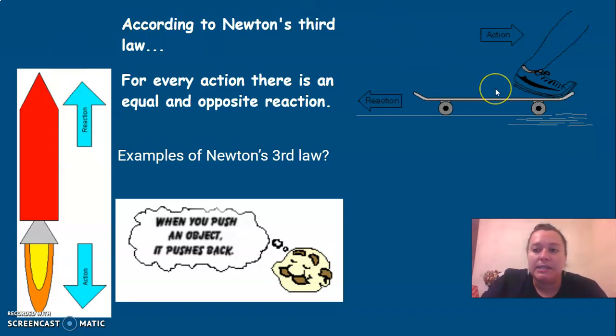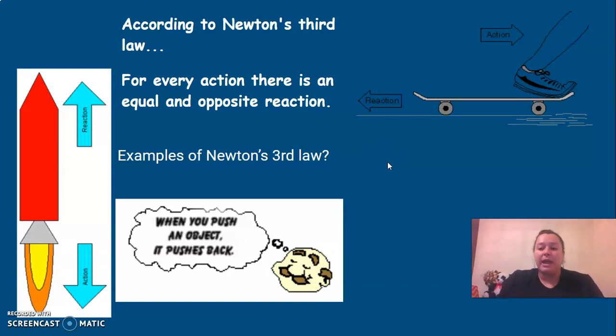If any of you like to skateboard or play sports, this law is in a lot of different examples with sports. So let's say you're skateboarding and you push with your foot, the reaction moves the skateboard back. So for every push, there's a pushback.